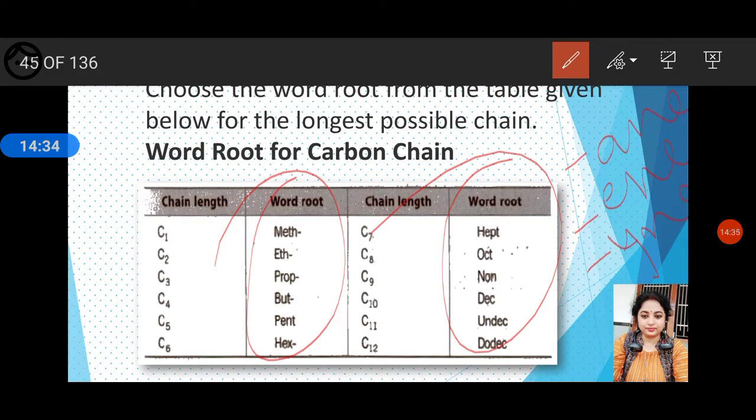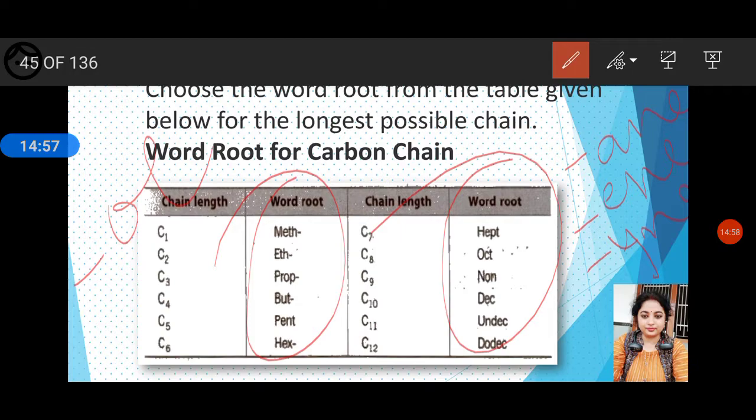And what is a secondary suffix? Suffixes added after the primary suffix to indicate the presence of a particular functional group in the carbon chain are known as secondary suffixes. Suppose the compound contains an OH group, that is an alcoholic group, so the secondary suffix will be ol.